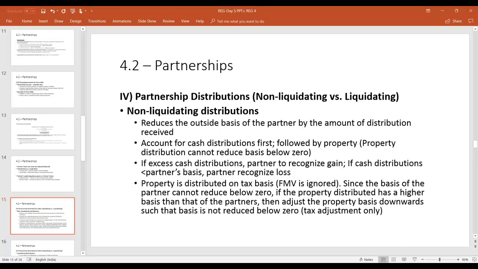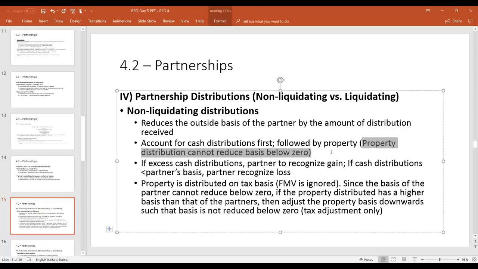How does that treat it? It reduces the outside basis of the partner, or the partner's basis, by the amount of distribution received. Say there is a mix of distribution, cash and property, then you always account for cash distributions followed by property. Remember, cash distributions can reduce a partner's basis below zero, but a property distribution cannot reduce a partner's basis below zero.